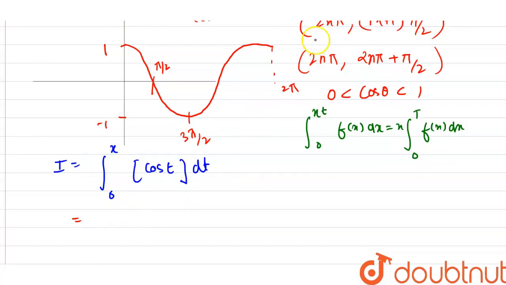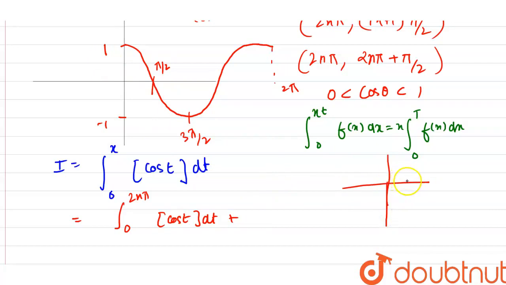So there is 2nπ, and we have to separate our integration into 0 to 2nπ of cos t dt plus, again we have to add, because in this quadrant, our cos theta is first taking the whole 360 degrees, plus this theta.